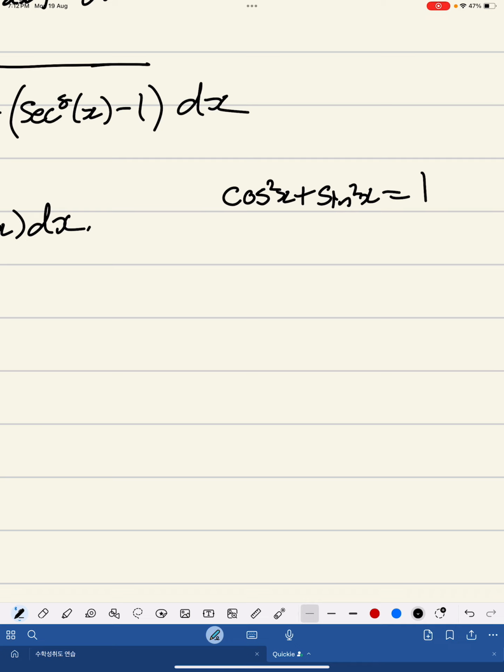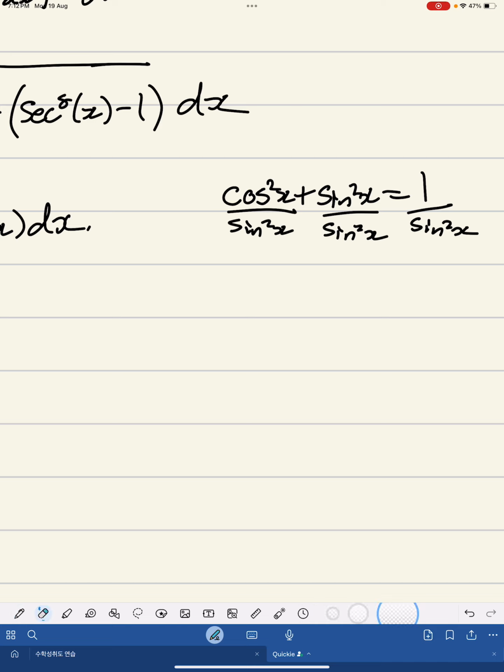Sorry, I will divide everything by cosine squared x, because I think that would make our life much easier.